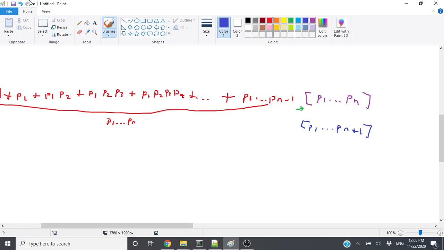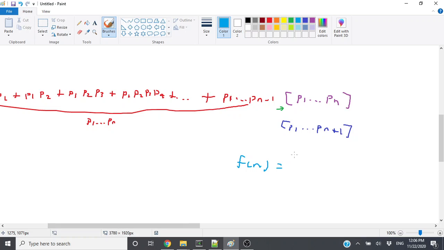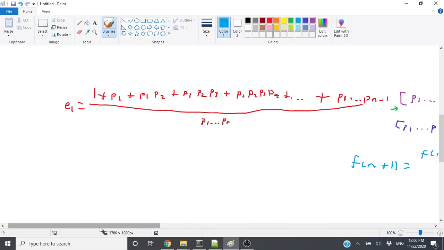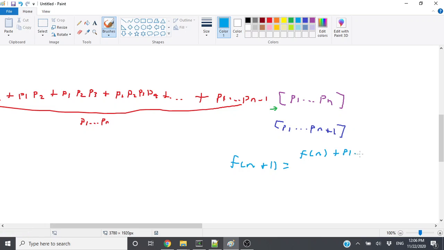If we stick on a new element, then f of n plus 1 is equal to f of n, which is the E_1 value here, plus p1 dot dot dot p_n over p1 dot dot dot p_(n+1).